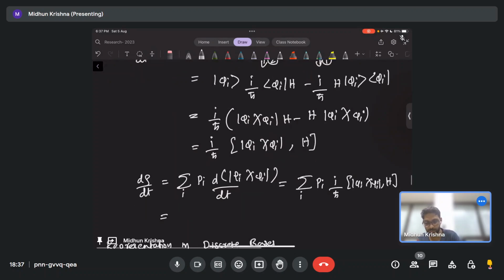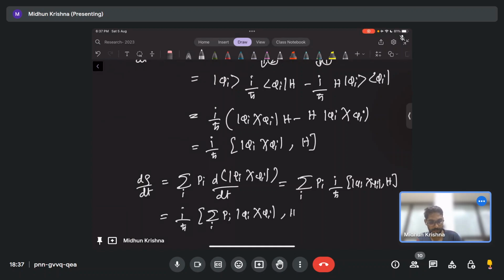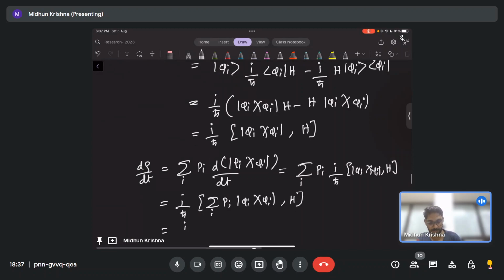I can take the summation and the pi inside and write this as i by h squared, commutator of sum over i pi phi i, comma h. But this is nothing but rho.